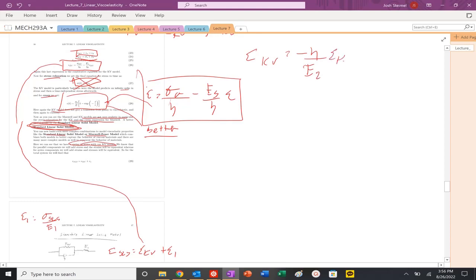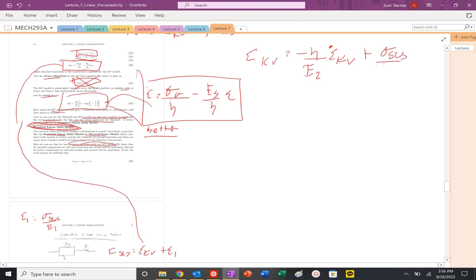We'll make an edit a little later on. We're going to rewrite that strain dot for KV, and then also add our SLS over this.